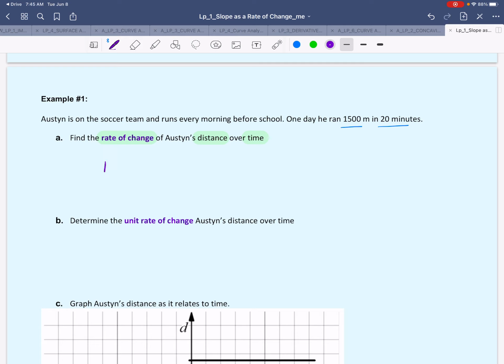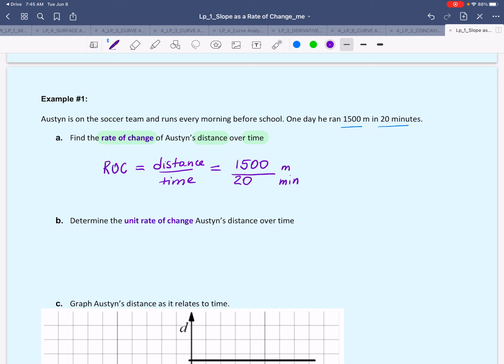The rate of change will be distance divided by time. So since distance is 1,500 meters, we'll say that it will be 1,500 divided by 20, so meters per minute. This will be the rate of change.